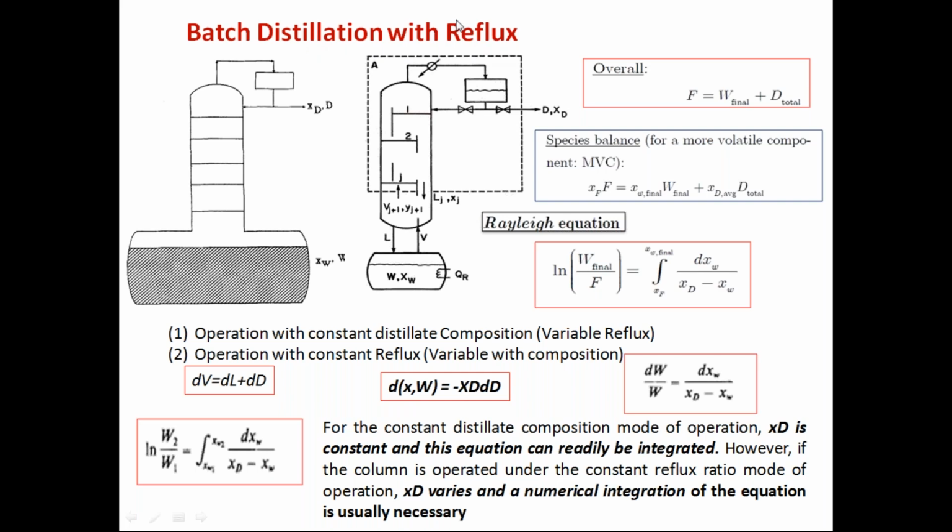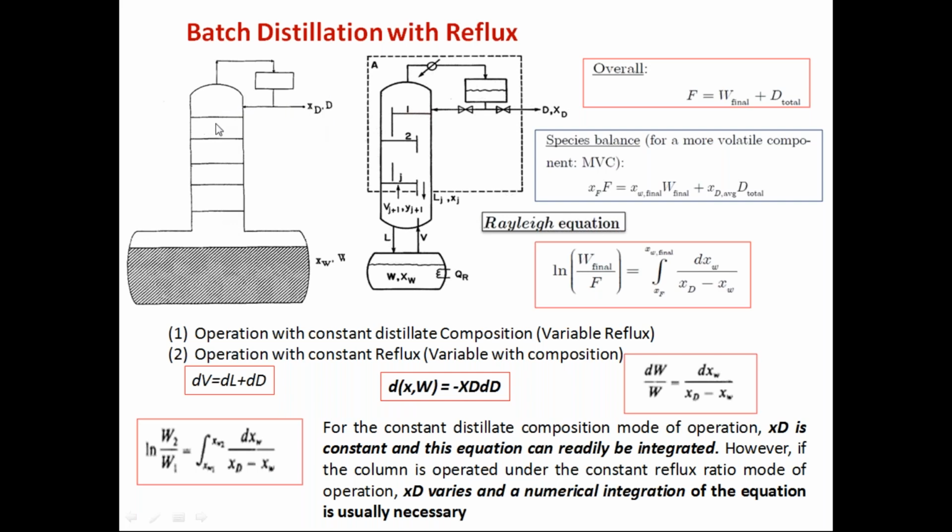So you can also use these advantages in terms of batch distillation. When you take a batch of liquid in a drum, then you can heat it, then the vapor will be generated. These vapors will go up and get condensed. Then from the condensate, you can send certain condensate as a reflux, and certain condensate can be withdrawn as a top product.